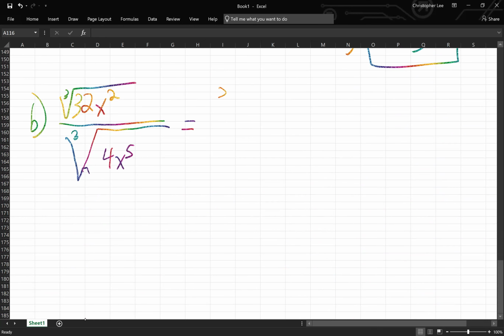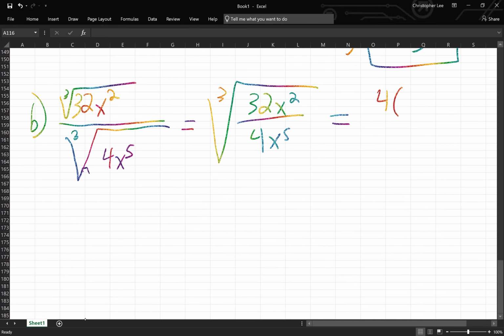Remember, I can write these under the same radical. So call that 32x squared over 4x to the fifth. And then we could pull out the greatest common factor here. So I'm going to factor out a 4.